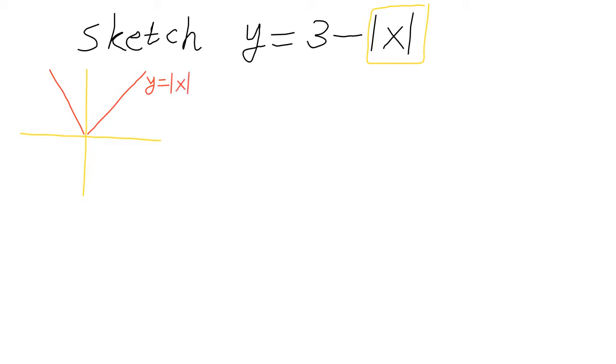What happened to the parent function? What's the first step I should apply in this case? Of course, if it's not clear, you can move 3 like this. I can do that? Yes, you can.